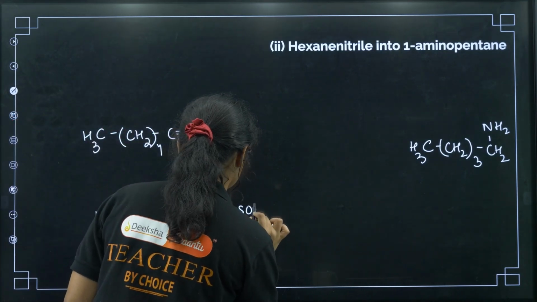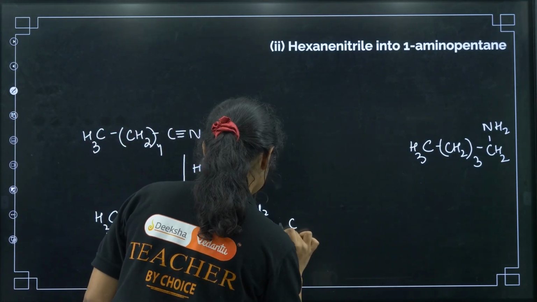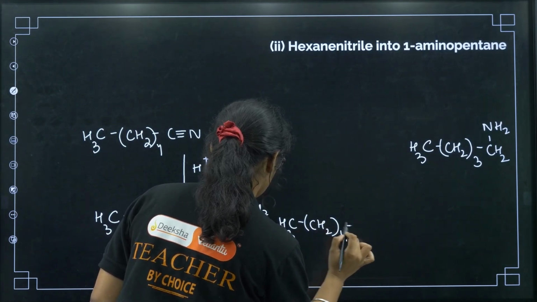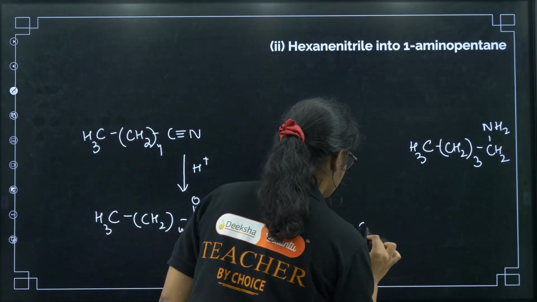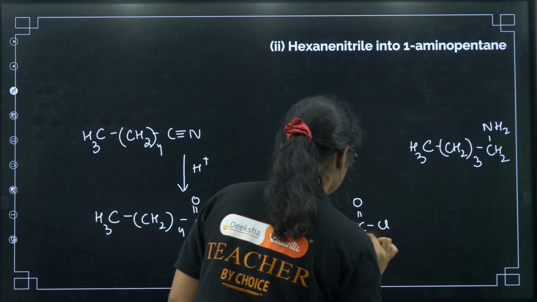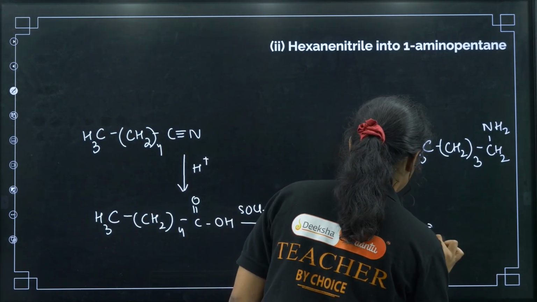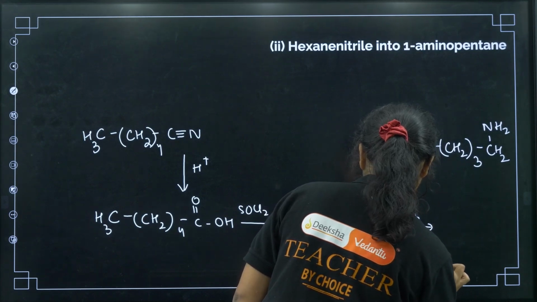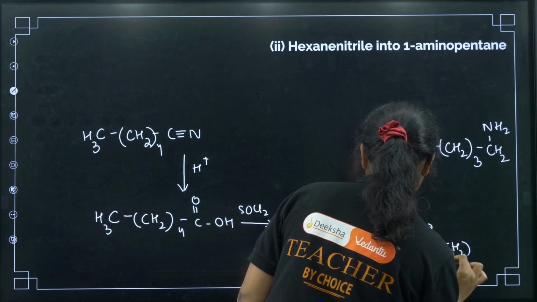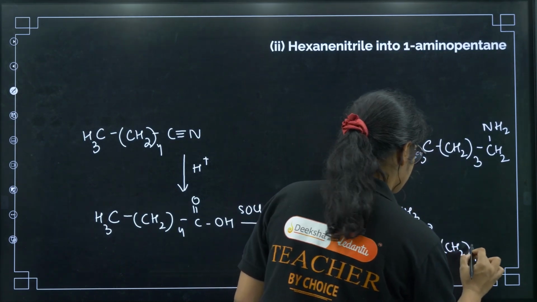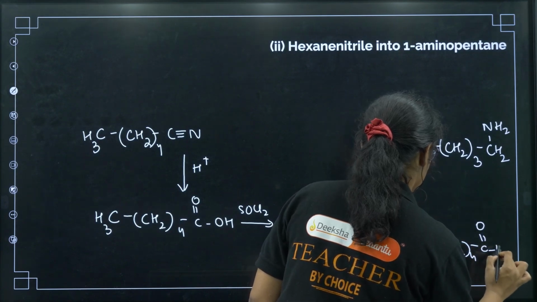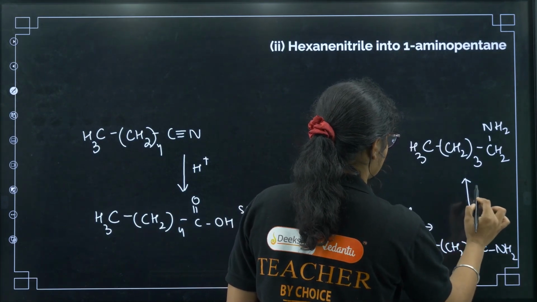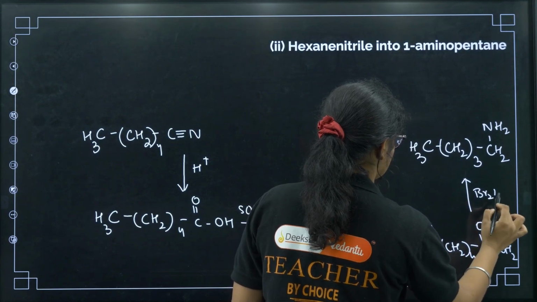Just treat it with SOCl2, and we will get CH3, CH2 whole 4, COCl. After that, if you treat it with NH3, we get CH3, CH2 whole 4, CONH2. Next, to remove this CO group you can use bromine and KOH.